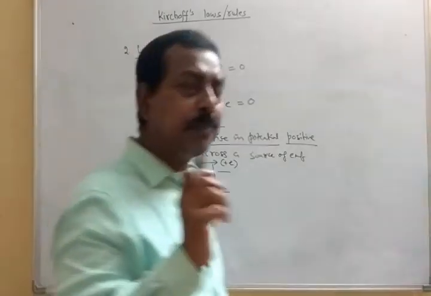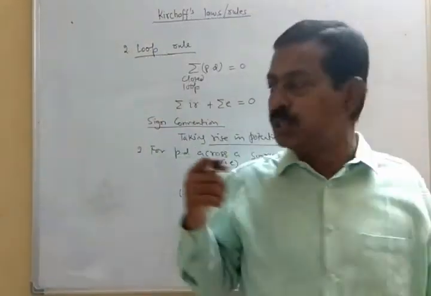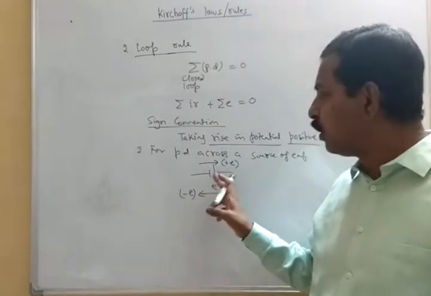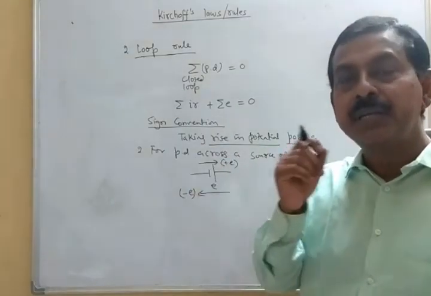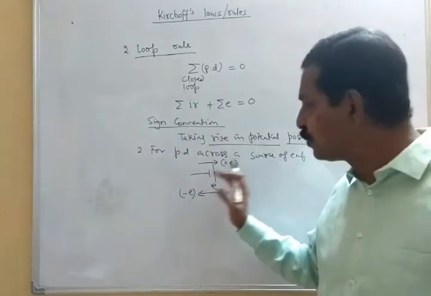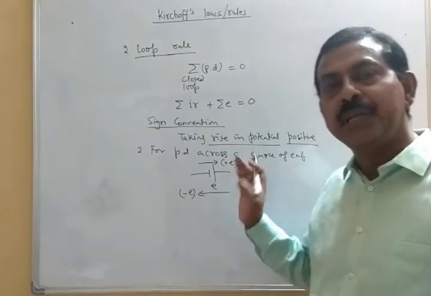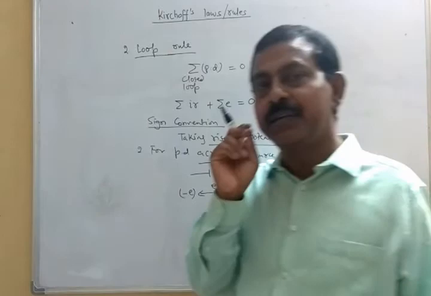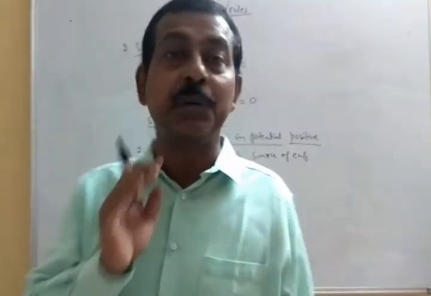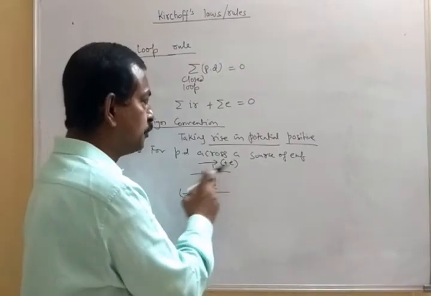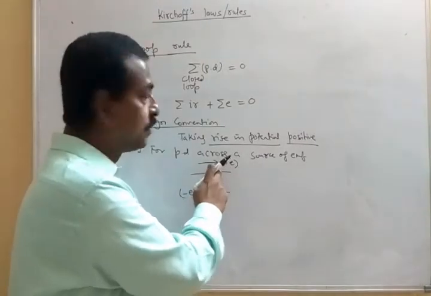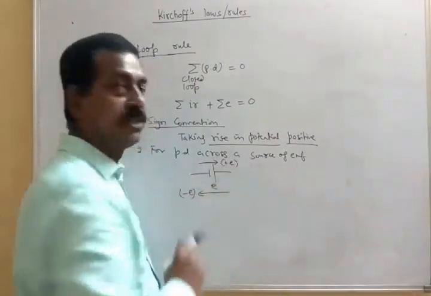Okay, so this will be applied. Just to remember, for the cell, the terminal through which we come out will be the sign of that terminal. Like here, if you are going from left to right, we are coming out from the positive terminal, so we'll take this as positive.